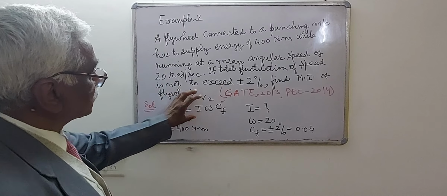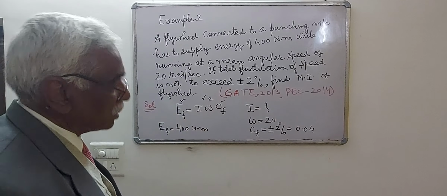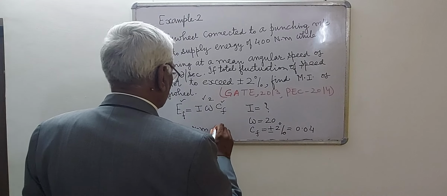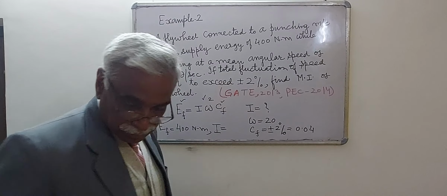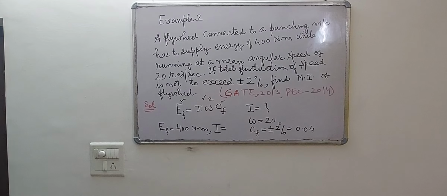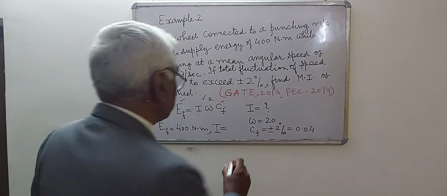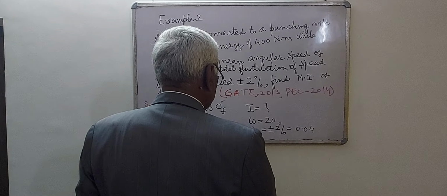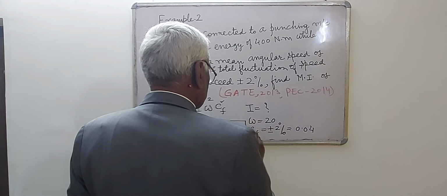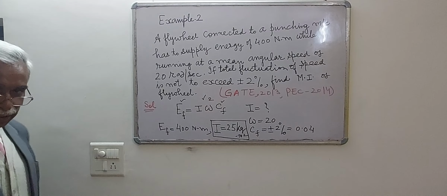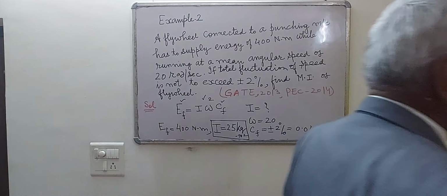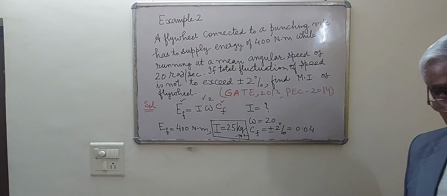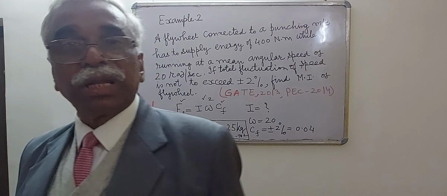With the help of this formula, you can find the value of I. After calculation, the value of I is found to be 25 kg meter square. The mass moment of inertia is 25 kg meter square. It is always to be taken in kg meter square. This is the unit of mass moment of inertia of the flywheel.